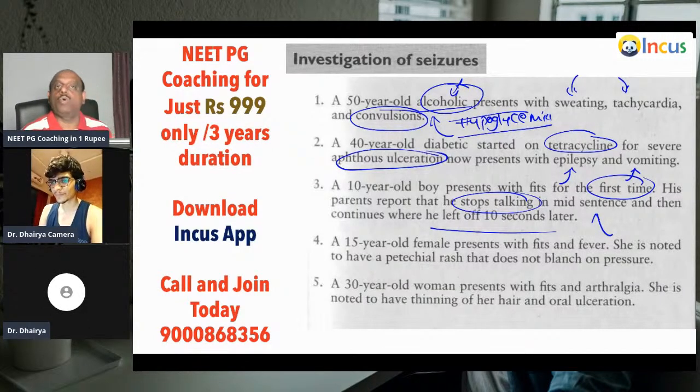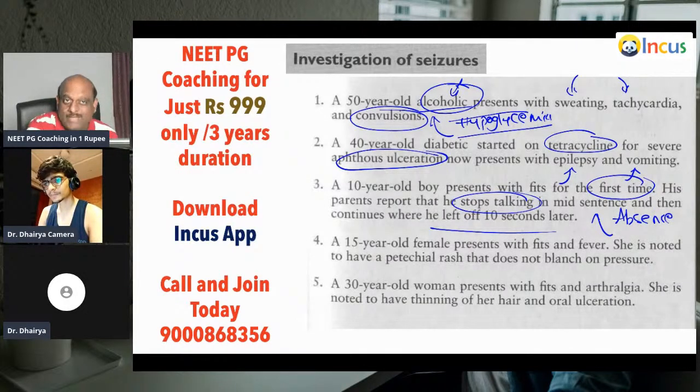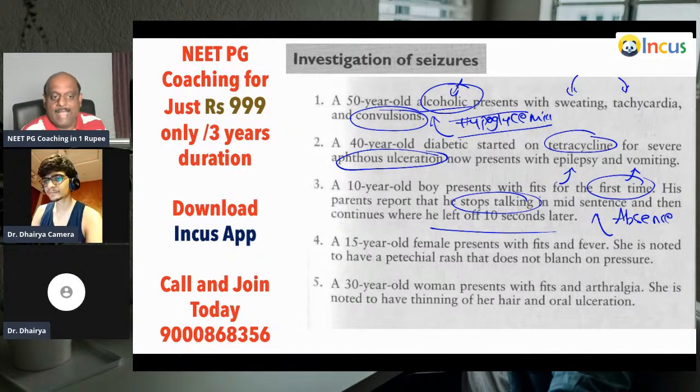Absolutely. So petit mal epilepsy should always be there in the cards, which is the absent features. The typical example is the kid will be looking through the teacher instead of looking at the teacher. The teacher will say, "Oh my God, the kid is looking through me, penetrating," instead of looking at me. So that is the classical story of the absence seizures.